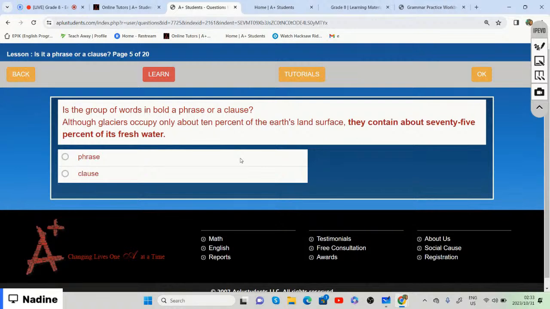So we need to say if this is a phrase or if this is a clause. And remember, we said a clause has either both a subject as well as a predicate, or it has a subject only or predicate only.